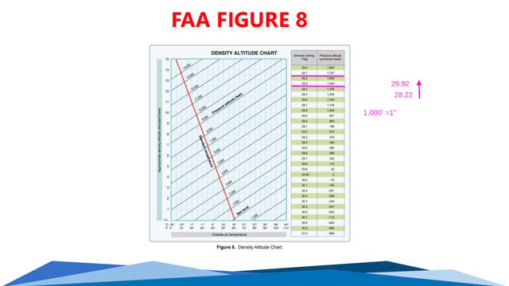If we interpolate those numbers, we would actually increase it about 260 feet roughly. If you add that up, that gives us around 1,600 feet roughly. Everybody's doing it the 1,700 way.